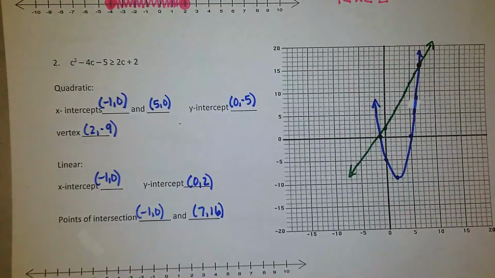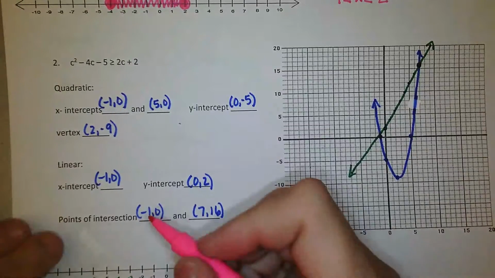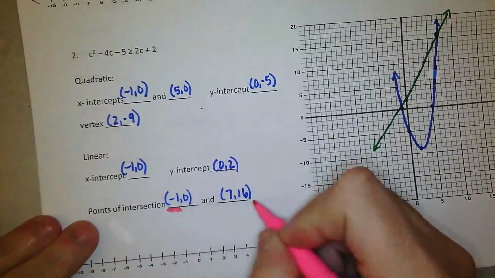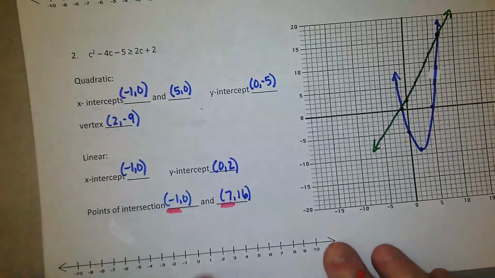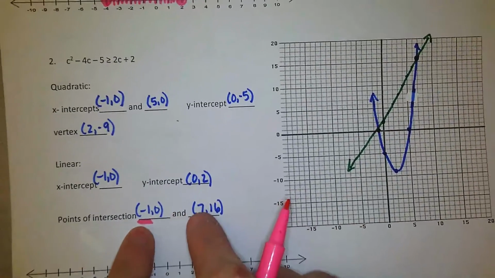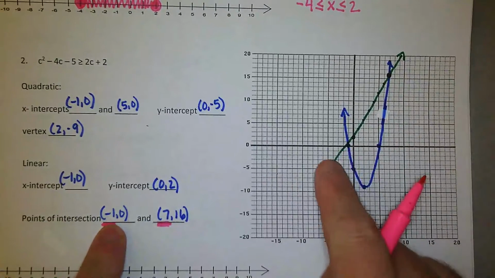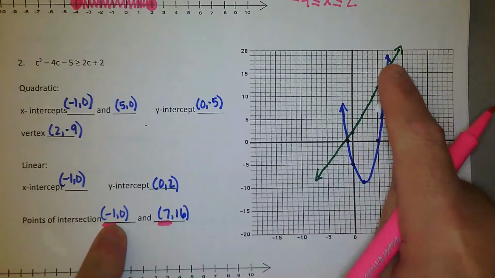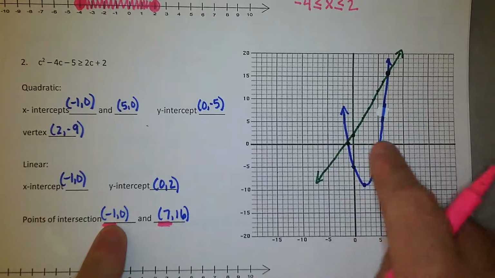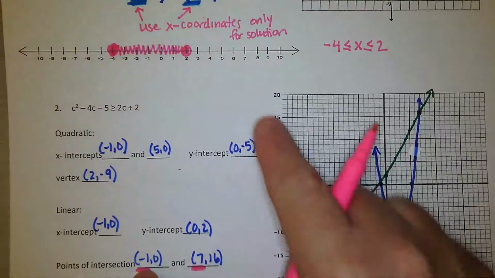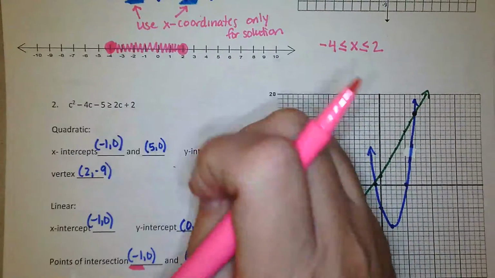Keep in mind, again, that the key and crucial piece here is literally the x coordinates of the points of intersection. So I'm focusing on what is happening between negative 1 and positive 7. So what is happening between negative 1 here and 7 here across the x-axis. We have to go up and take a look and see what they're looking for.